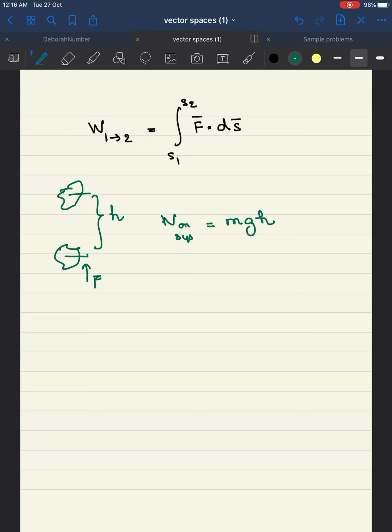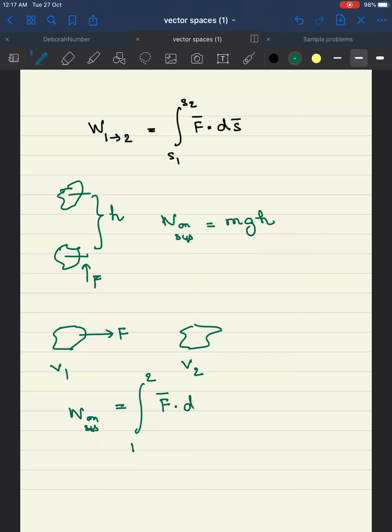If you have a body which is at velocity v1, and then you have a force act on it, and as a result of this force, this body accelerates and reaches a velocity v2 after some time, then the work done on the system, to take it from 1 to 2, let's say F, whatever F is, this F is on the system.